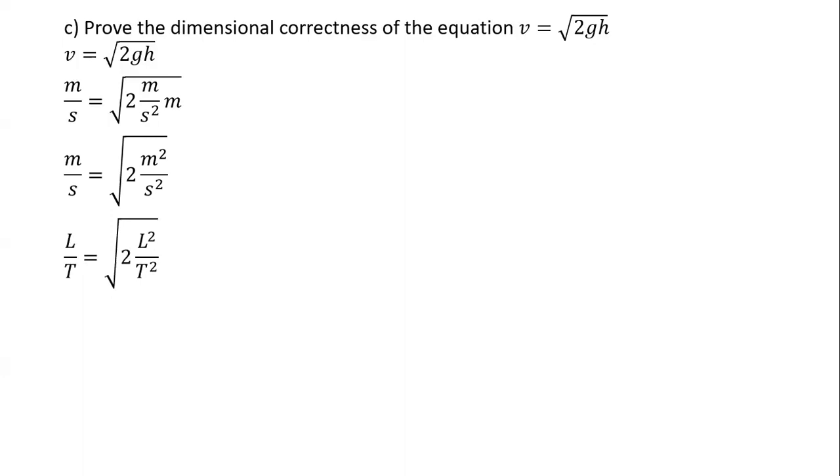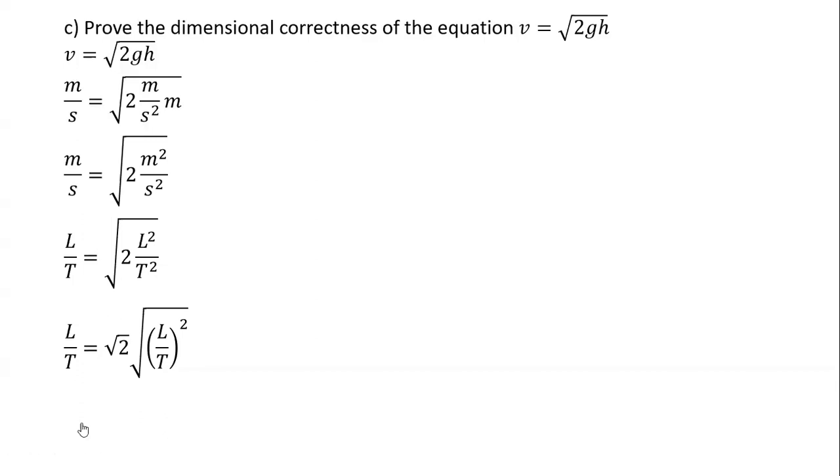Meter represents length. Second represents a dimension of time, which is T. So on the left, we are putting L over T. Then on the right, we have meter squared, meaning that we have L squared divided by second squared, which is T squared. Now you can already see that these are multiplying, so we can even separate them. Square root of 2 divided by, because these have the same power, we can highlight them and leave the square outside the brackets.